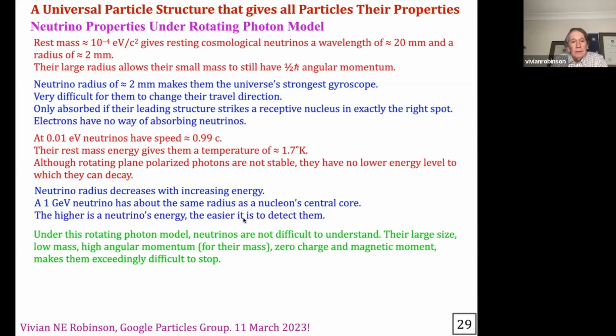So I respectfully suggest that under this rotating photon model, neutrinos are not difficult to understand. They're low mass, high angular momentum for their mass, zero charge, zero magnetic moment, which just really makes them difficult to stop.